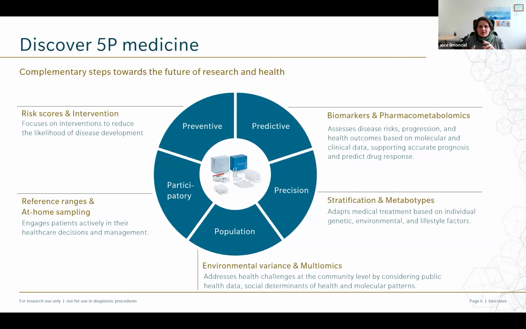But we can also build methods using metabolomics to do better development of drugs, and also, as we've seen in the previous talk, to have better prognosis and better suited therapies for groups of patients, but also for subgroups of patients. And this is where it goes more towards the precision medicine aspect, with better stratification tools, especially with metabotyping.